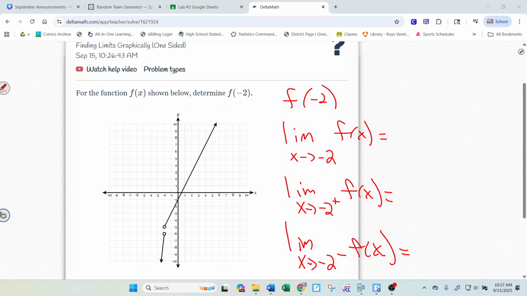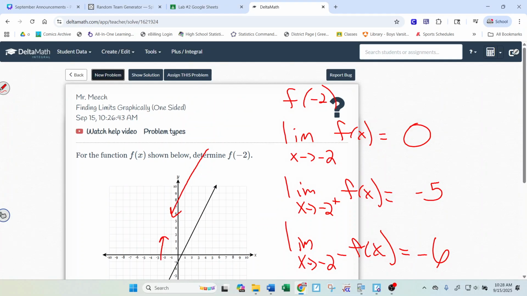From the left and right, do they go to the same thing? Let's think of another way. What is the limit from the right? As you approach from the right, what does it go to? -5. As you approach from the left, it goes to -6. Because those are different, does the limit exist at -2? No. Why? By theorem Bob.